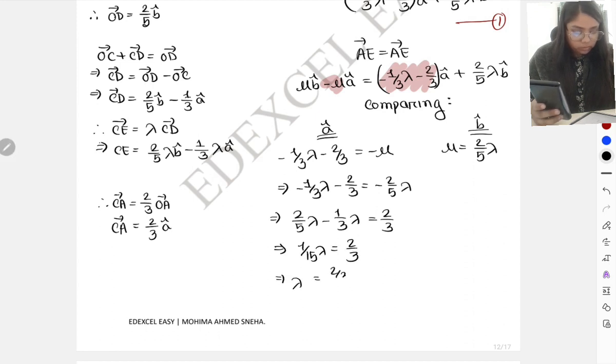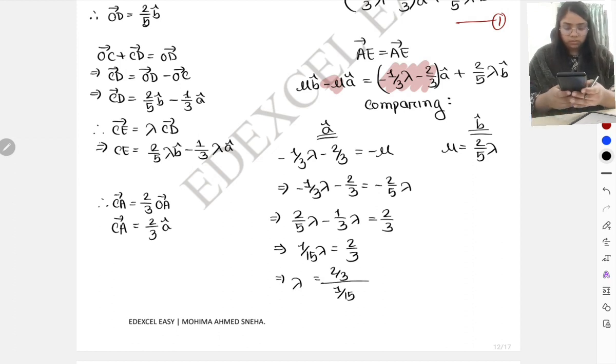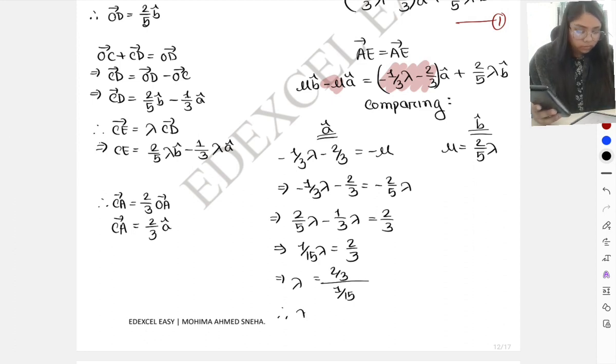So lambda is 2 by 3 divided by 1 by 15. That is 10. So you get the value of lambda as 10.